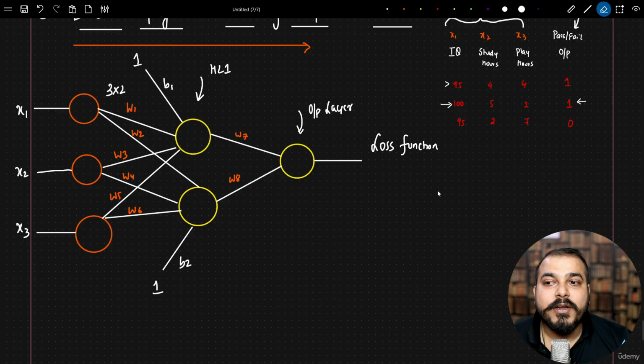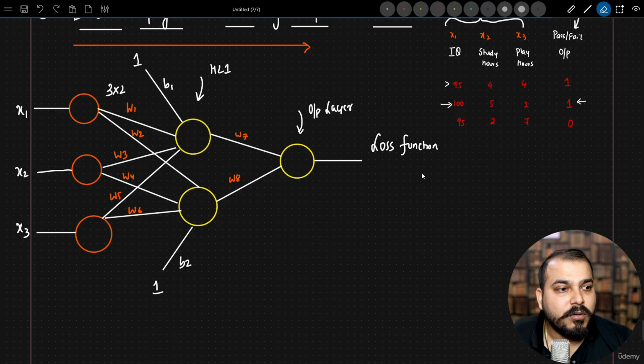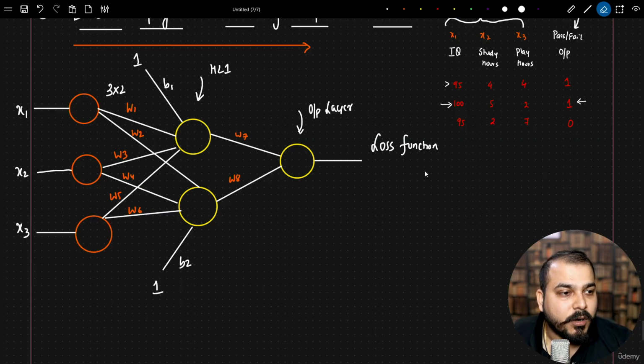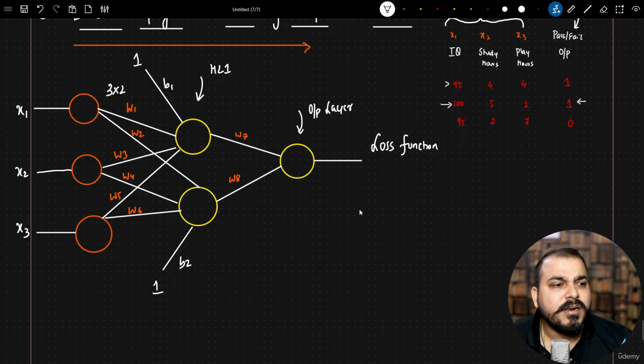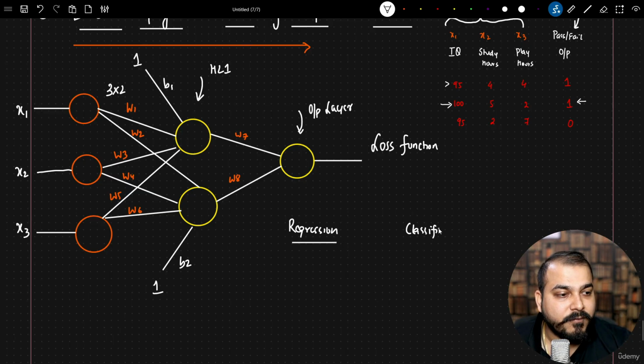Then after this, we calculate a loss function. Now, since this is a binary classification problem, there are multiple different types of loss function. Some of the loss functions I'd like to mention over here, and we'll discuss this loss function. For regression and for classification, we have different loss functions, okay? For regression, let's say I have something called mean squared error.